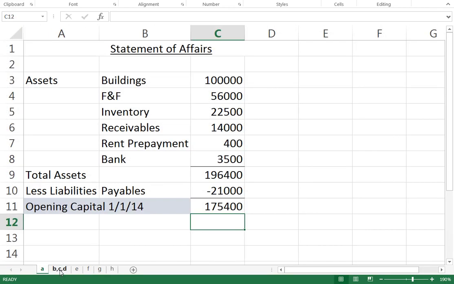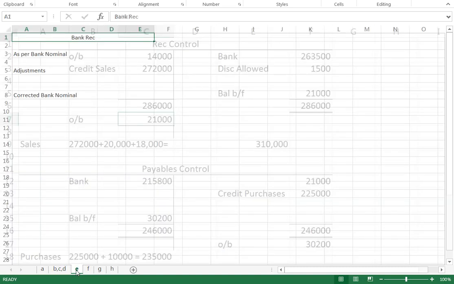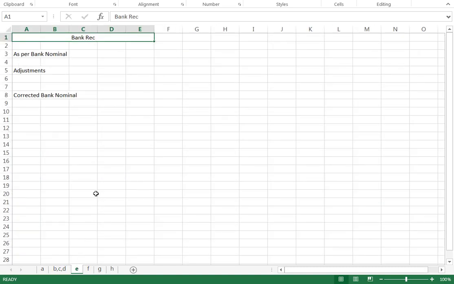We've got A done, we've got B, C and D done, and what was E? Bank rec then. So the figure that we had in our bank was 44,200. The only adjustment that we needed to make was that there were bank charges that we hadn't recorded.